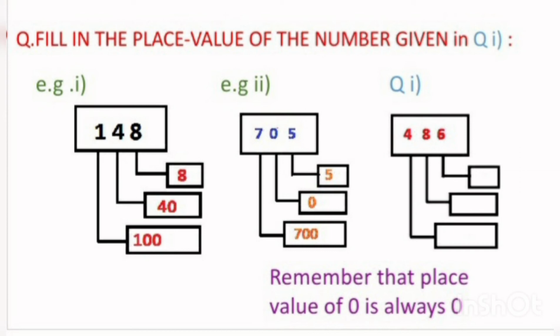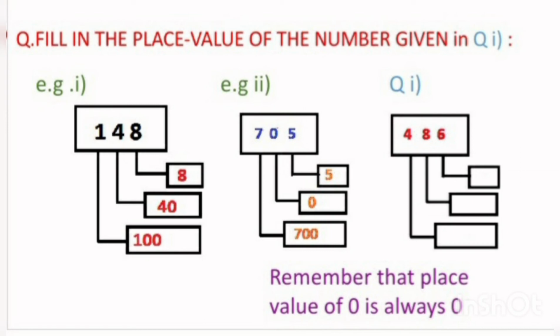Tens place. So its place value will be 8 tens, that is 80. Now where is 4? You can see that it is in hundreds place. So what is the place value of 4? That is 4 hundreds, that is 400.